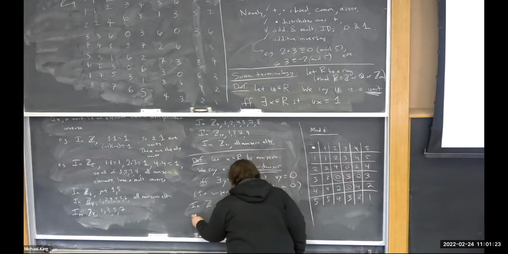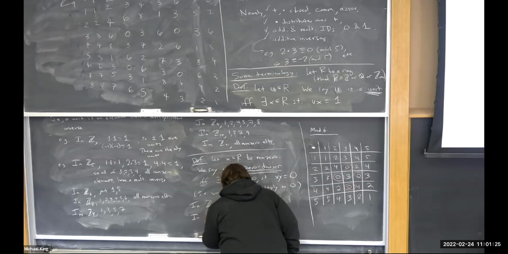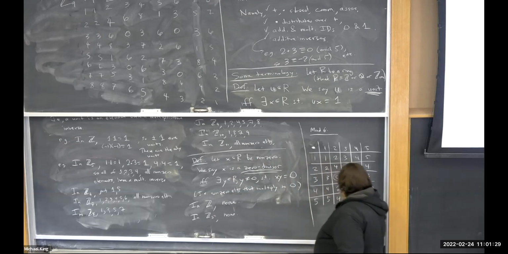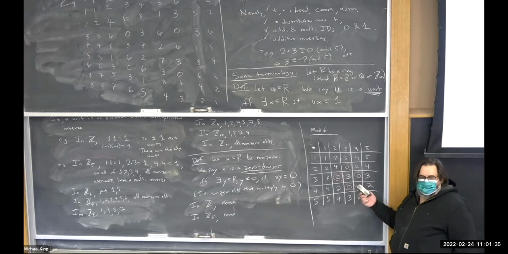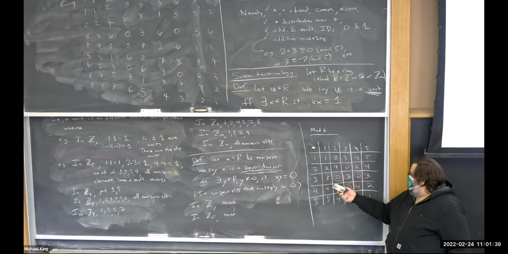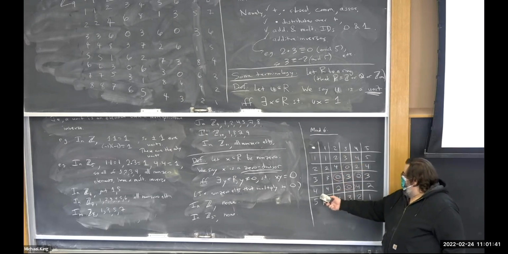Let's make some of these lists again. In Z5, none. In Z6, which are the zero divisors? 2 times 3 is 0, 3 times 2 is 0, 4 times 3 is 0.